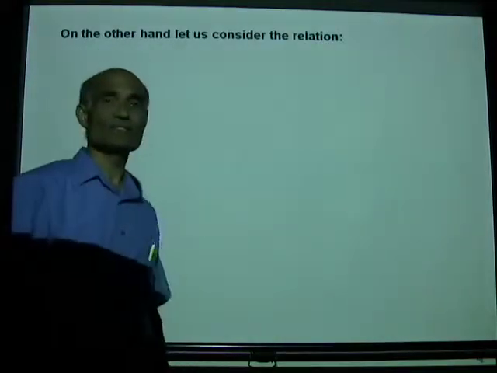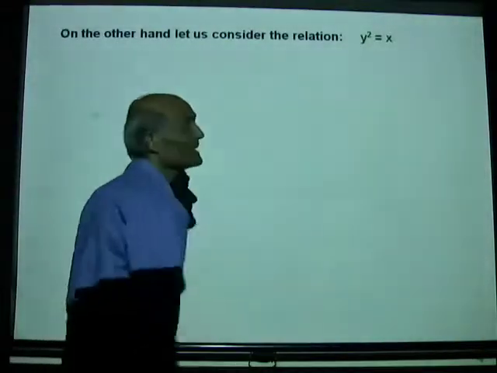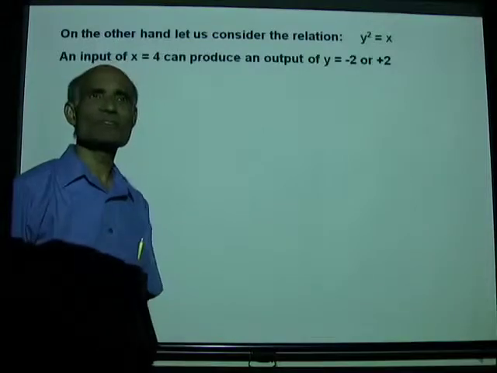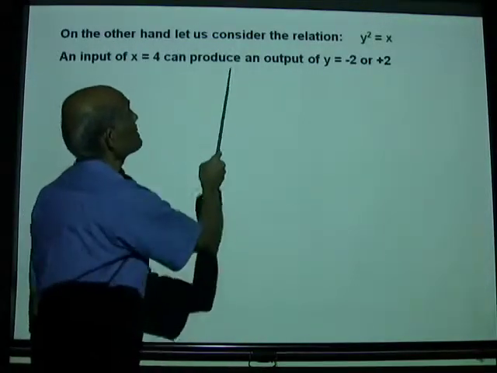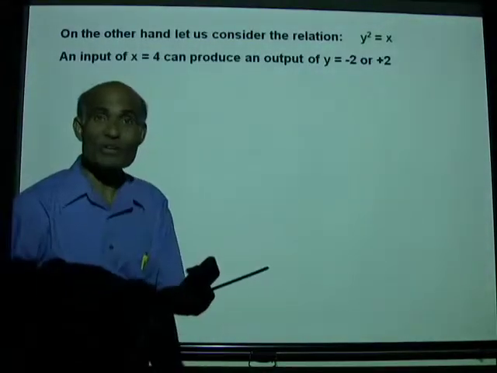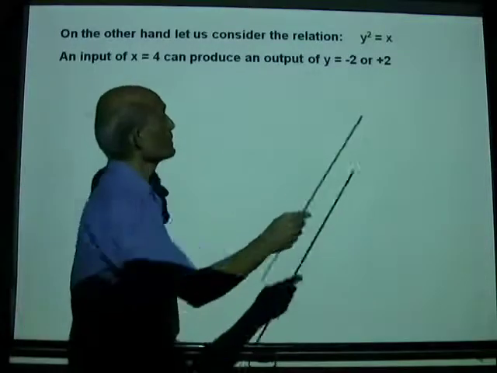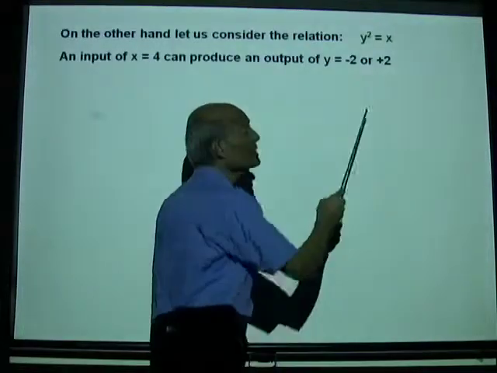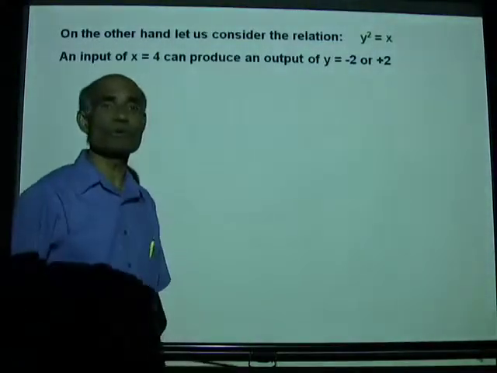On the other hand, let's now consider the relation y squared equals x. An input of x equals 4 can produce an output of y equals -2 or +2. Is that right? How? Because -2 squared will give you 4, and +2 squared will also give you 4.